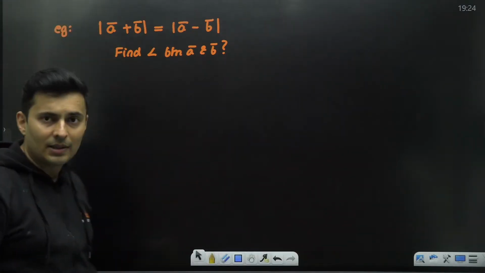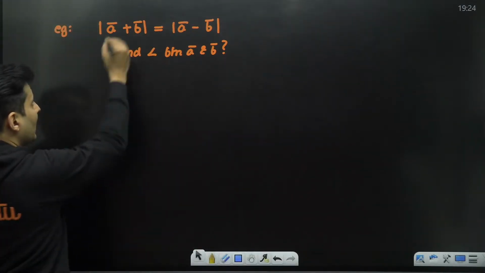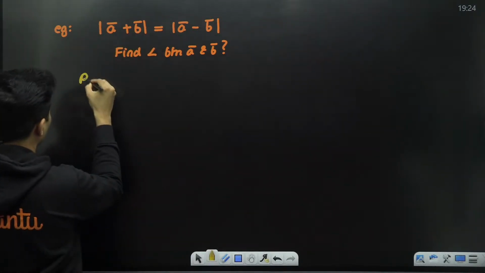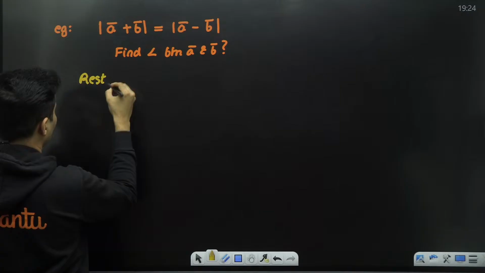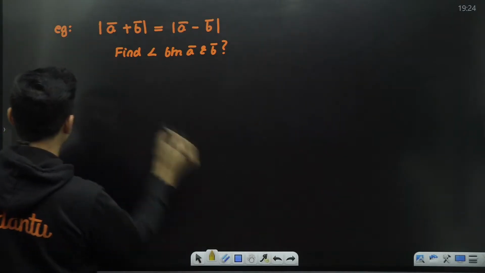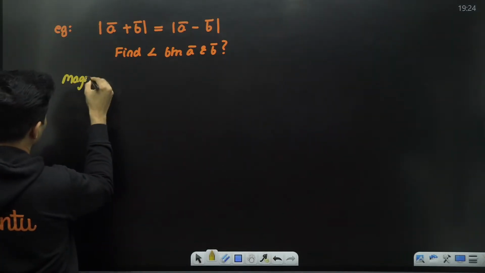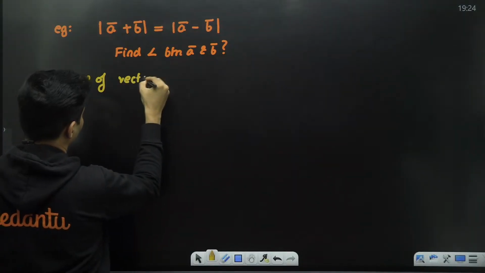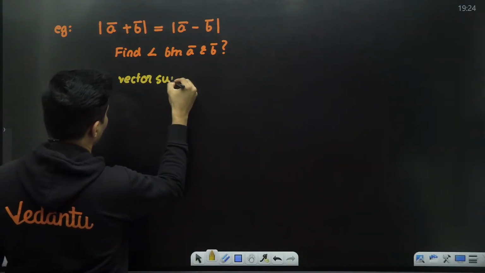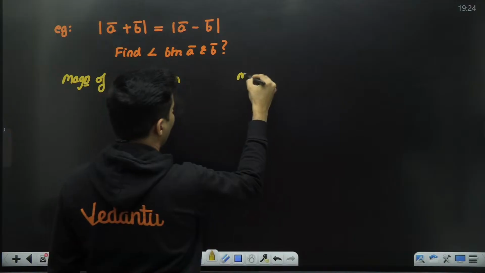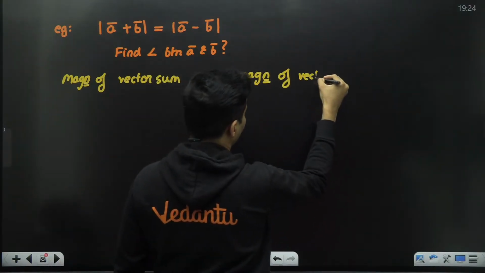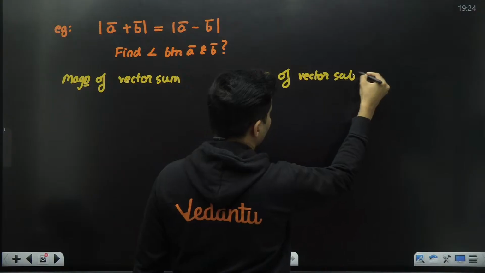Try to understand the question. Mod of a plus b means the magnitude of the resultant of the vector sum, and this is the magnitude of the vector subtraction.